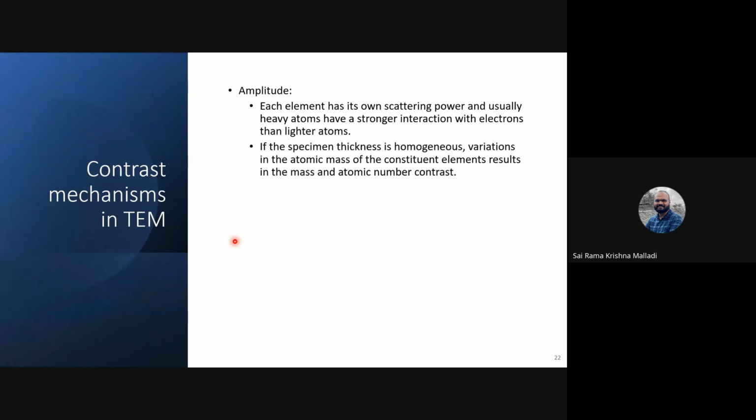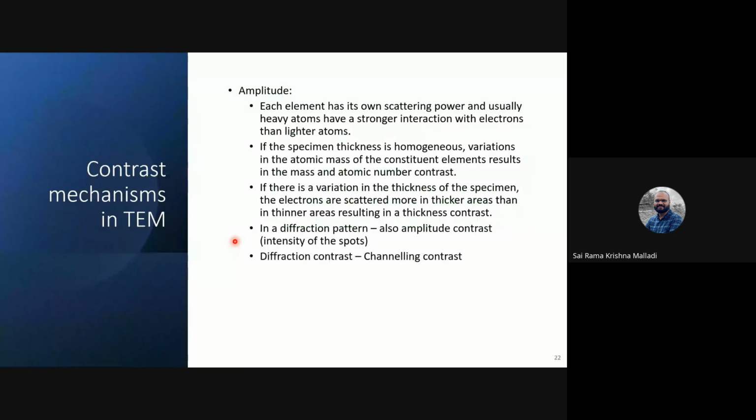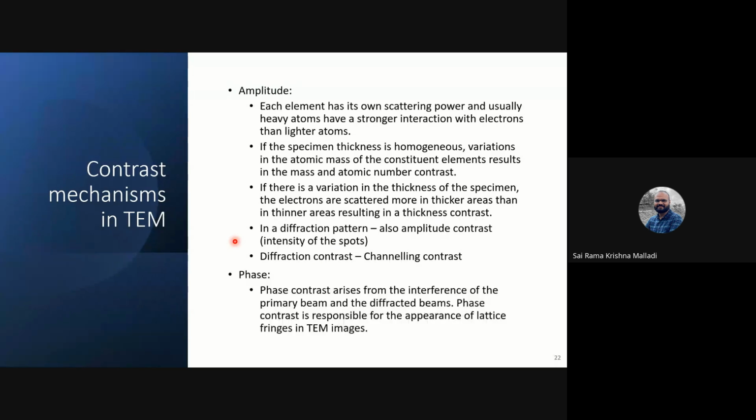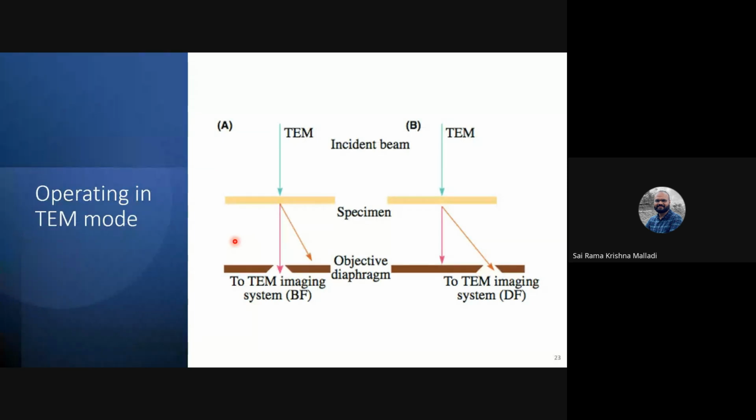Okay? So if I look at the contrast mechanisms, like I mentioned in the very beginning, I mainly have what is called an amplitude contrast, where I see the two-dimensional distribution of the variations in amplitude, and I have what is called a phase contrast. If I look at the amplitude contrast, broadly, I can get a signal from a specimen which is from the direct beam or a beam which has scattered at a certain angle.